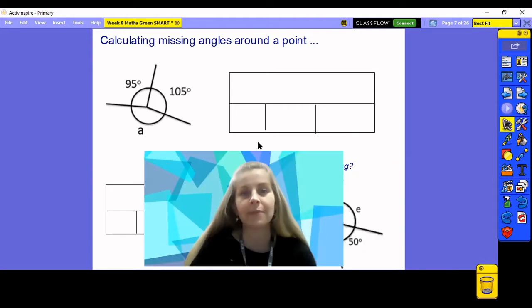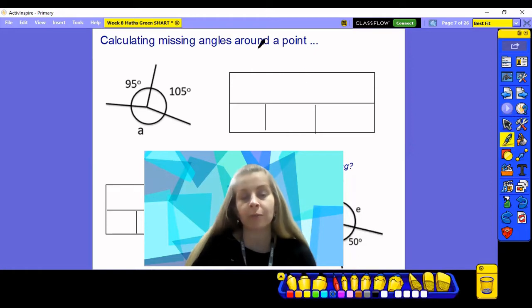So you can see this is our first question, and it's talking about some missing angles and some given angles around a point. And here's our point in the middle of our circle. These are all of our angles we can see. Already you should be remembering that around a point we're talking about a total of 360 degrees.